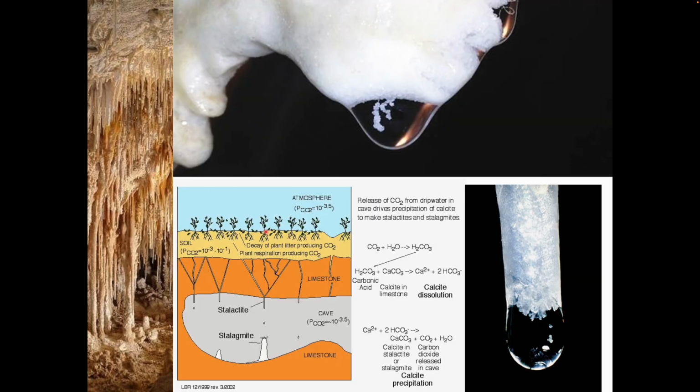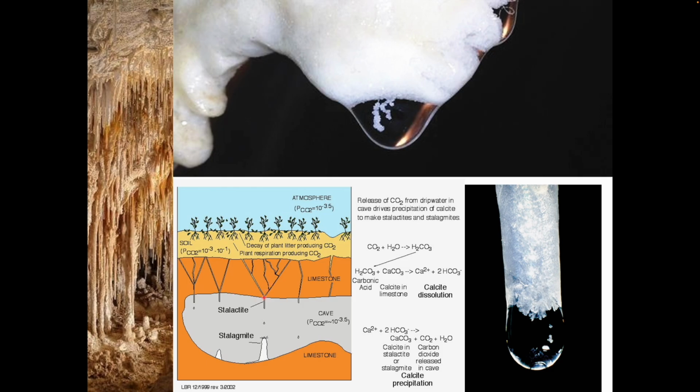A lot of things start out just like this, as tiny mineral grains of calcite precipitating out of small droplets of groundwater that have percolated through the limestone and reached the roof of the cave. Remember, CO2 from the atmosphere and from decaying plant matter gets dissolved in percolating groundwater, and that causes the limestone to dissolve.